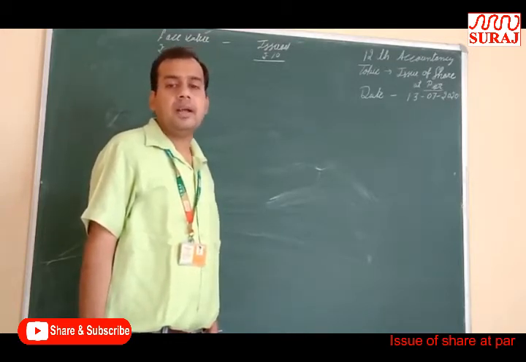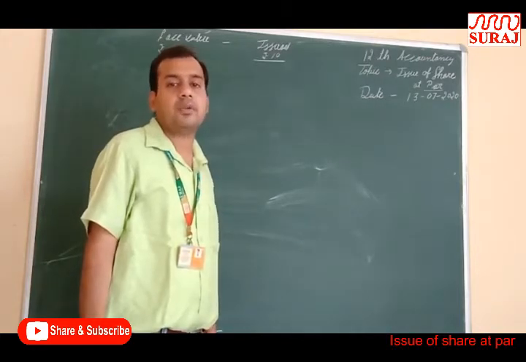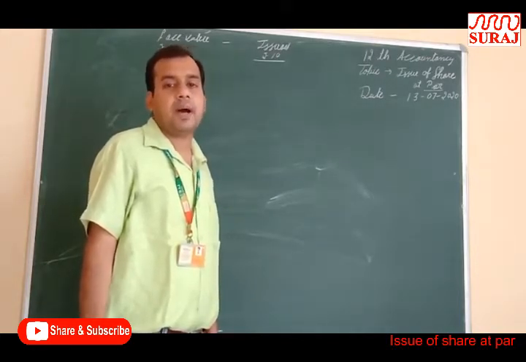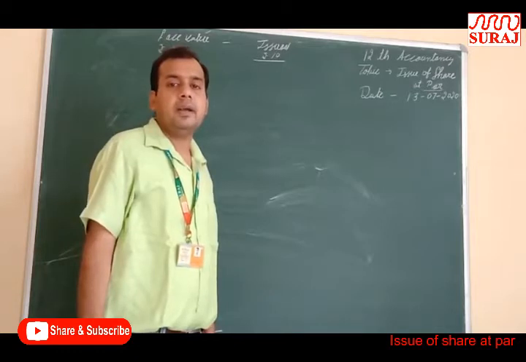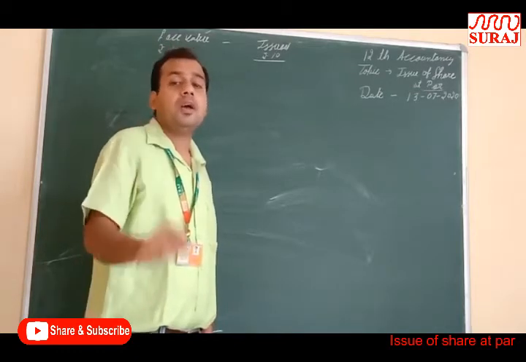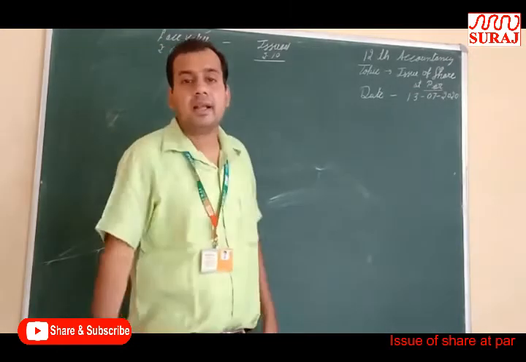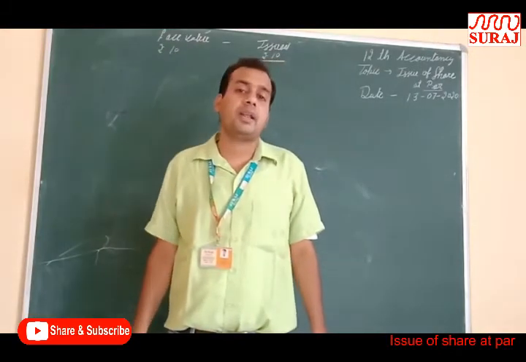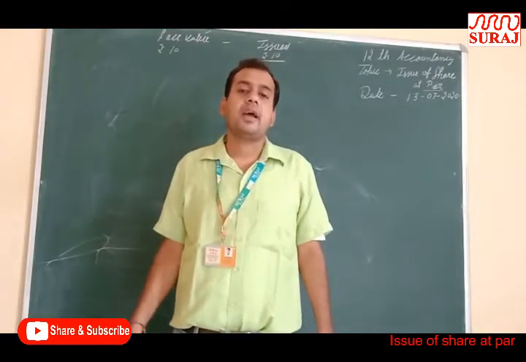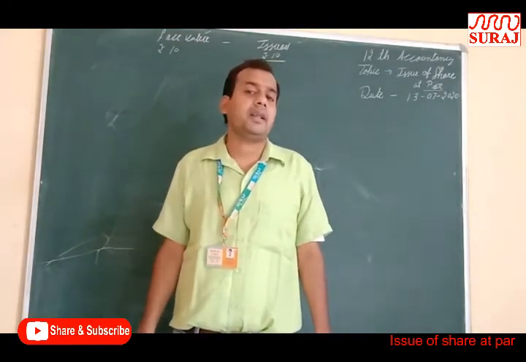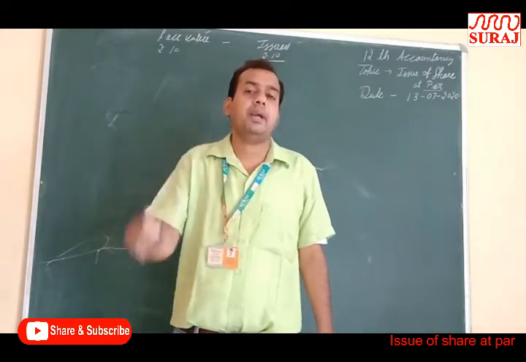Dear students, now I will discuss what entry will be passed when a share is issued at par. First of all, the company should issue a prospectus and invite applications from the general public. The general public sends application money along with the application.